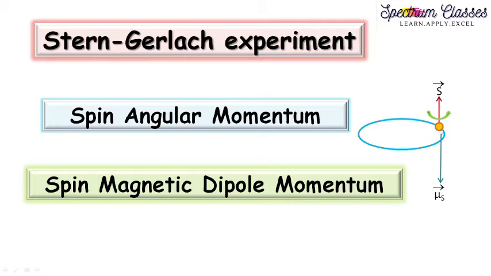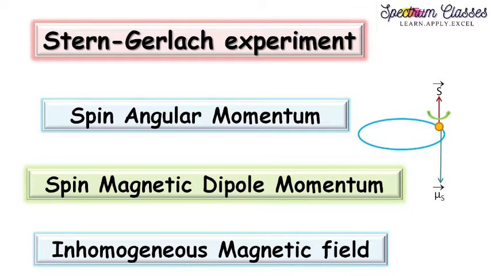And corresponding to that, because it is a moving charged particle, it has spin magnetic dipole moment and orbital magnetic dipole moment. Since we are going to discuss only the spin angular momentum in this video, we are going to discuss spin angular momentum and spin magnetic dipole moment.